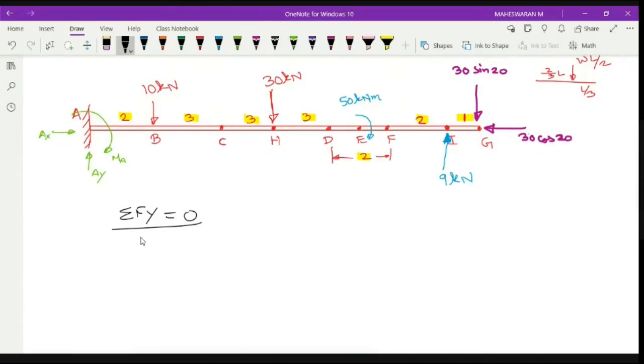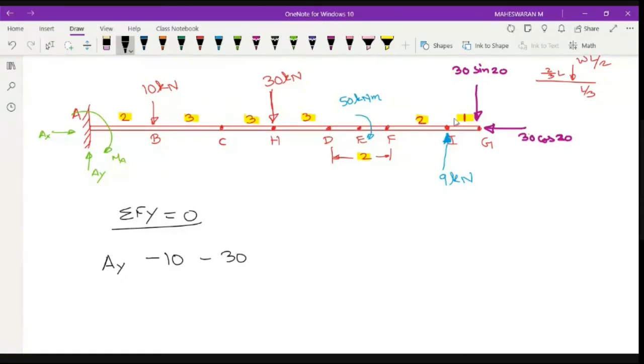Okay. So if I consider sigma Fy is equal to 0, what are my forces? So you have Ay, vertical forces. Ay, upward force, positive. 10 downward, minus 10. Again, this one, another force, minus 30. This is a moment. You should not add it.